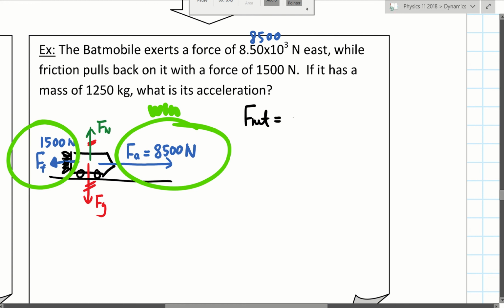So your net force is going to be push force minus friction. Okay, and then F net equals MA. Subtract them. Now the mass is given in the question.